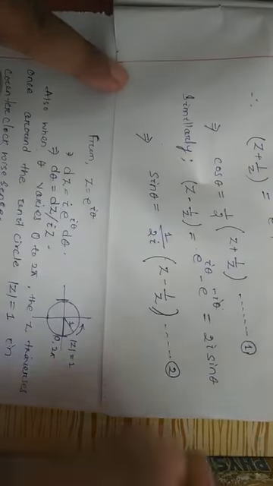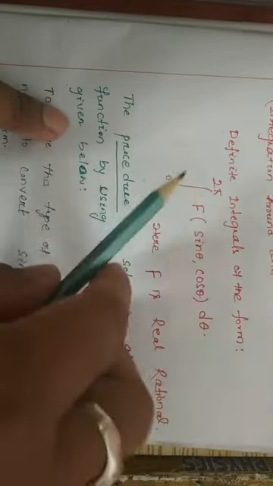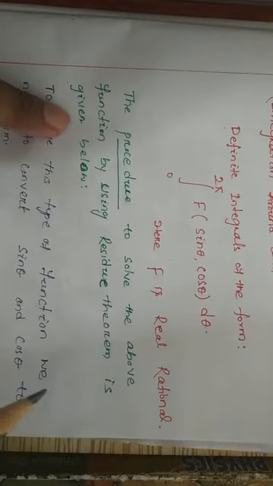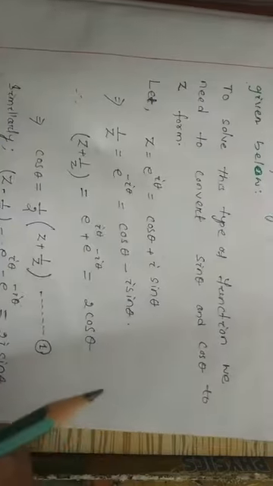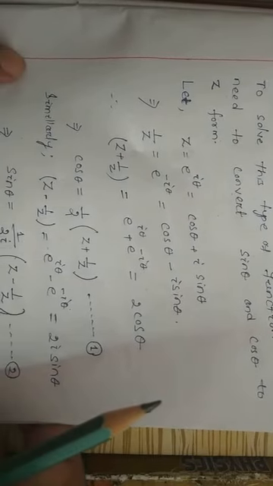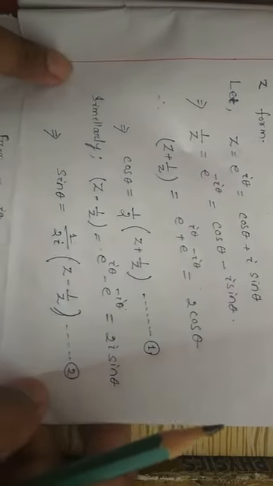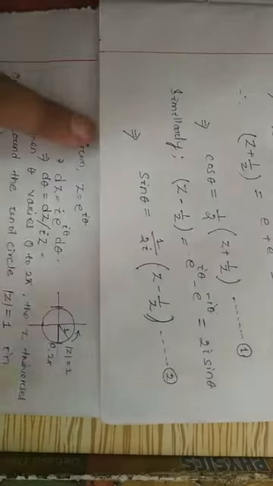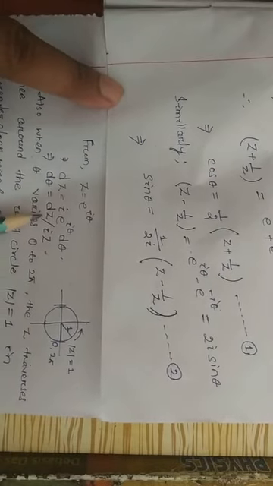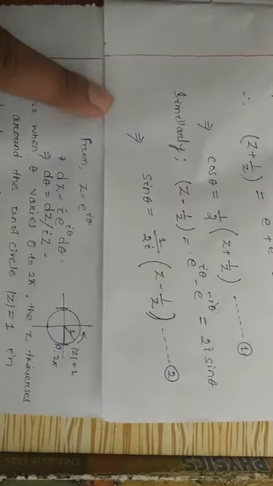So initially our function is the limit from 0 to 2 pi. Now it has been converted into sin theta and cos theta, and d theta is converted to dz by iz.